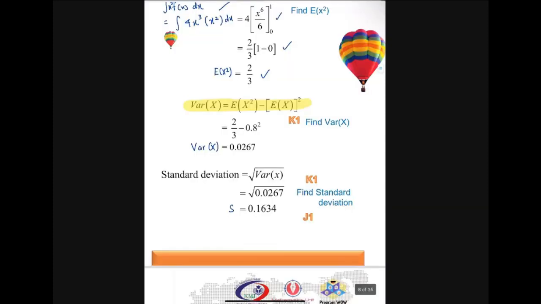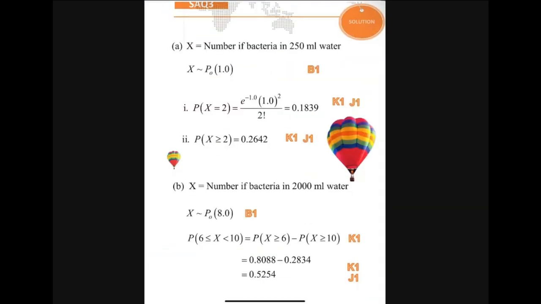So let's check the solution. Okay, now for the solution part for question number 3, part A just now, we already decide that this is a Poisson distribution. Remember just now, on average, we have 4 bacteria if it's 1000 milliliter or 1 liter. But then the question only asks for 250 milliliter. So our average or our lambda now changed to 1 only. Okay, so for the first question, we have to find probability exactly 2 number of bacteria.